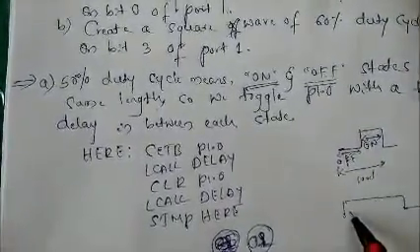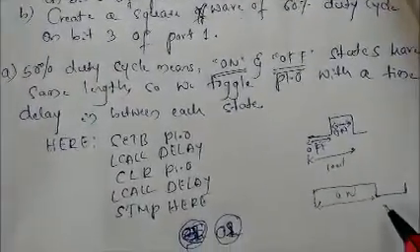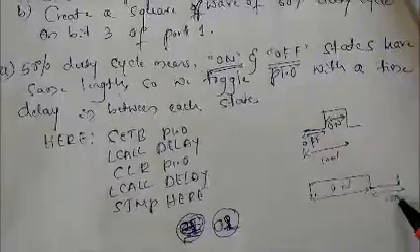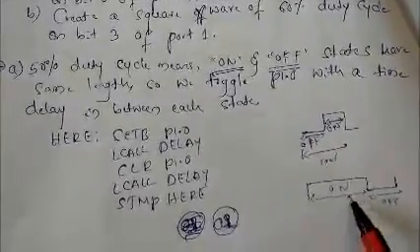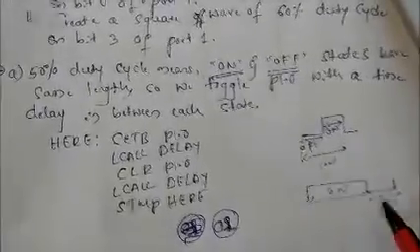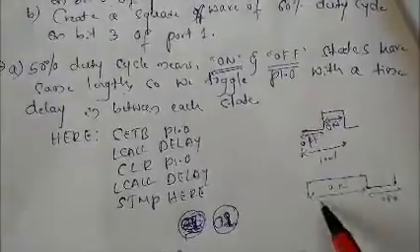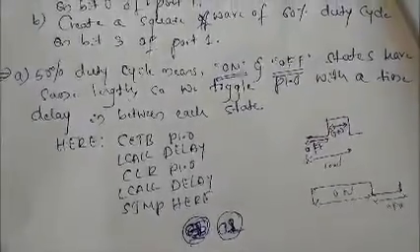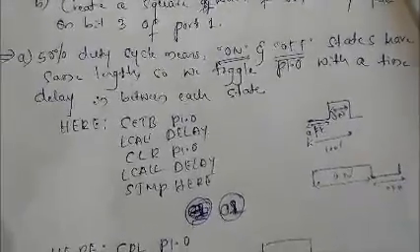From here to here completely was the on state and from here to here was the off state. If you compare, the width of the on state is almost double the off state here. Is it clear? So if I consider this entire width as 100%, the on state will be almost 60%, and I can say this is the off state.